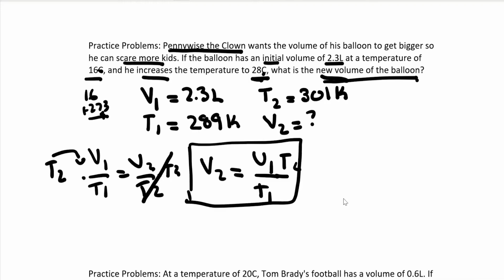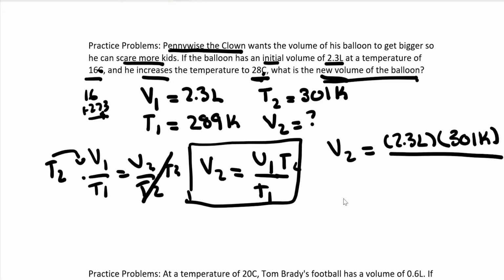Now that we have this new expression, it's just a matter of plugging in numbers and seeing where it takes us. So V2 is going to be equal to V1, which is 2.3 liters, over T1, times T2, which is 301 kelvins. Make sure it is T2. That is very important.